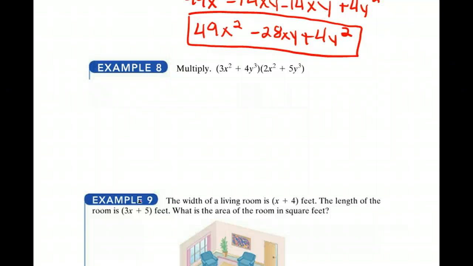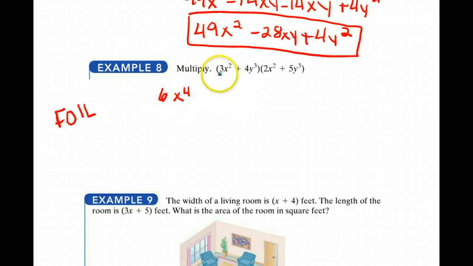Okay, by now you should have had an opportunity to complete example 8, and you should be ready to check your answers with me. So using the FOIL process, we are going to review the answer here. We should have started with 3x squared times 2x squared to get 6x to the 4th.